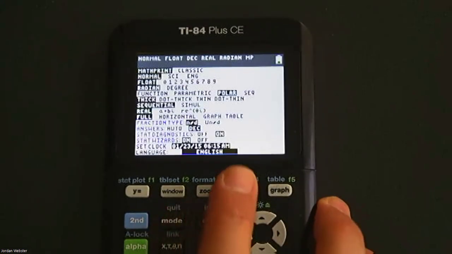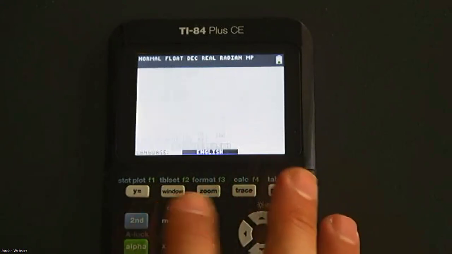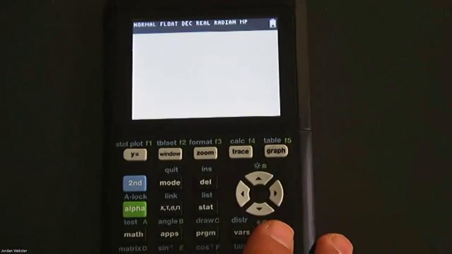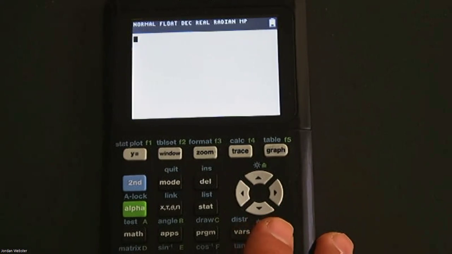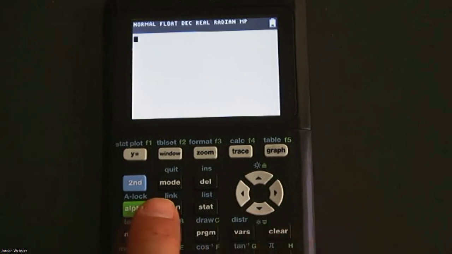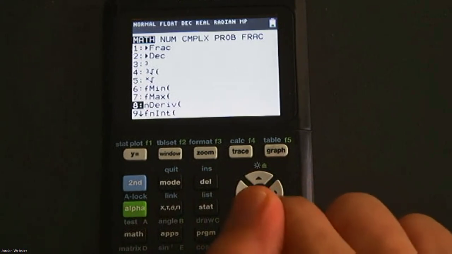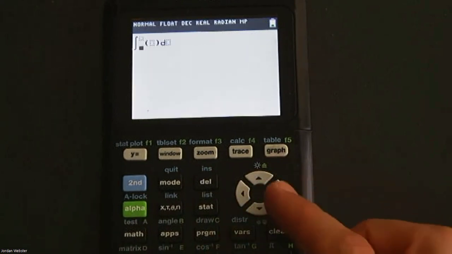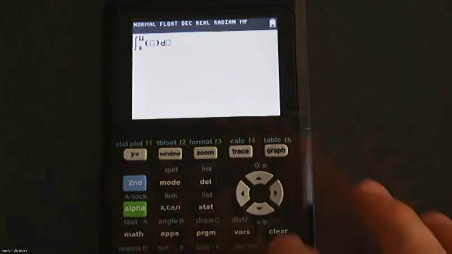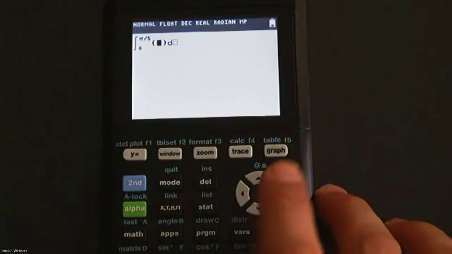Again, I need to make sure I'm in polar mode, which I am. I don't have to, but you can, the easiest way to do it is in polar mode. And then every time I want a theta, I just hit my variable key. Let's go to math and then 9 to integrate. Bottom bound is 0, upper bound is pi over 5.